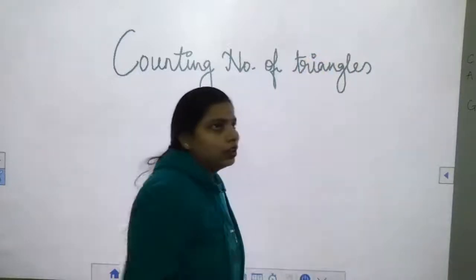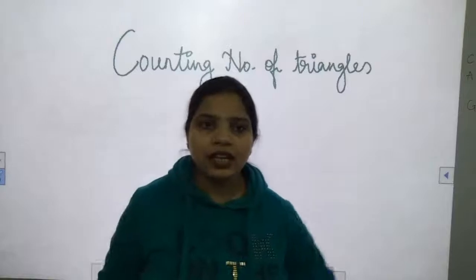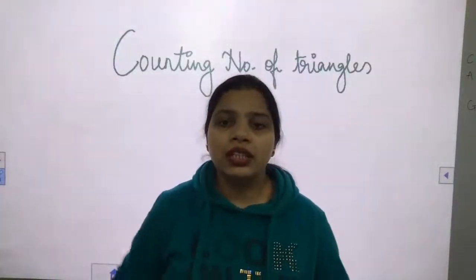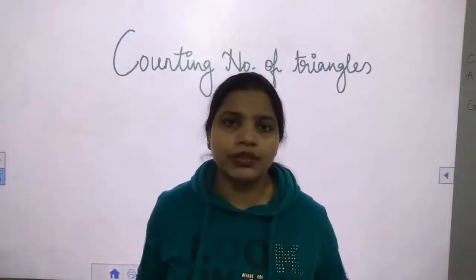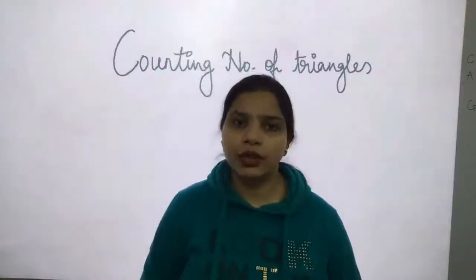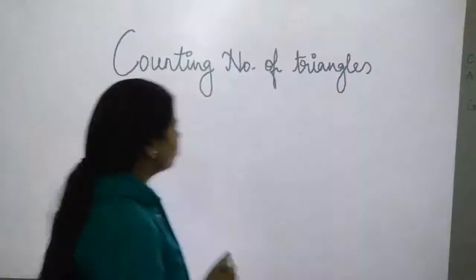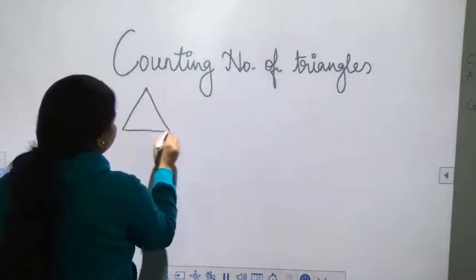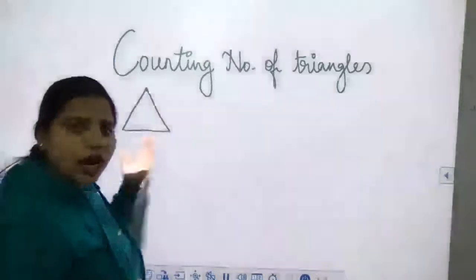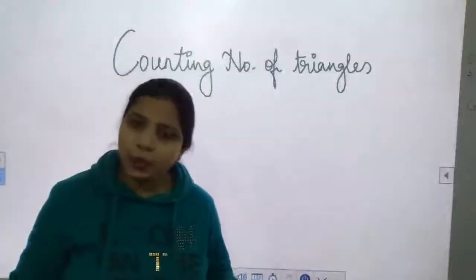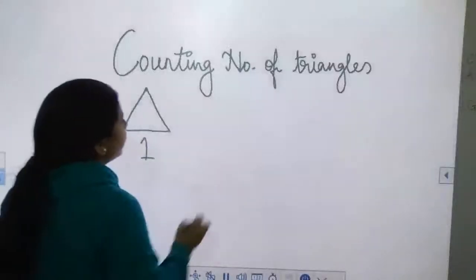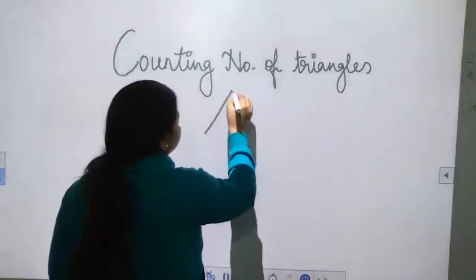So here the competition starts, after having a rough idea about geometrical terms or some idea about geometry. Counting number of triangles. So let's suppose I draw this. And if I ask you how many triangles are there, you will say one, right? Definitely one triangle.